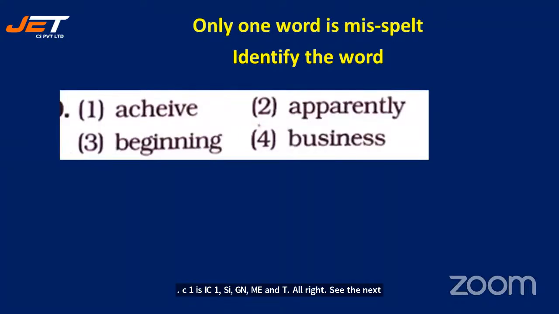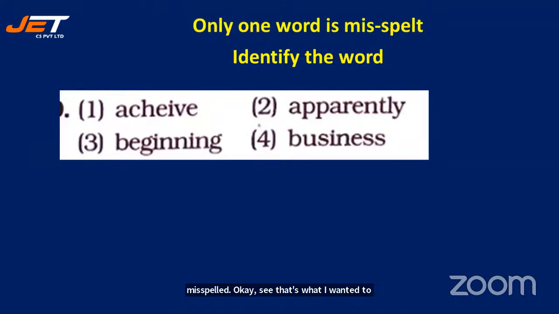Achieve, apparently, beginning, business. So among these, which is the correctly spelled word? Is it achieve? Is it apparently? See the question? Only one word is misspelled. Okay, see, that's what I wanted to highlight.